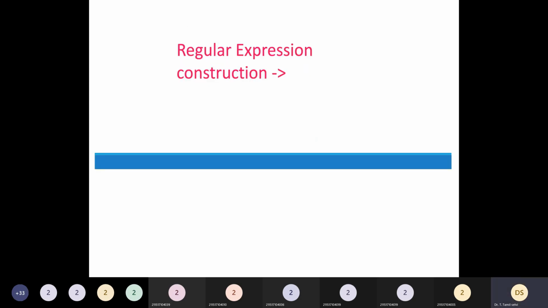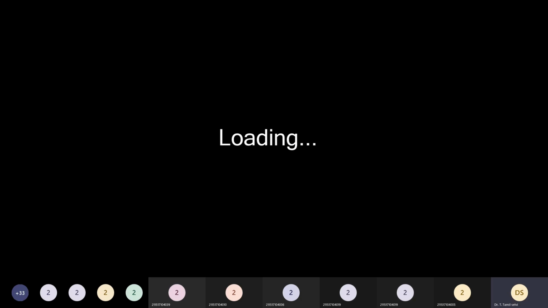And then the regular expression construction. See here, these are all the basic operators we are using in our regular expression. The first operator is union, the second one is concatenation, and the third one is the closure operator. For union, we are using plus.